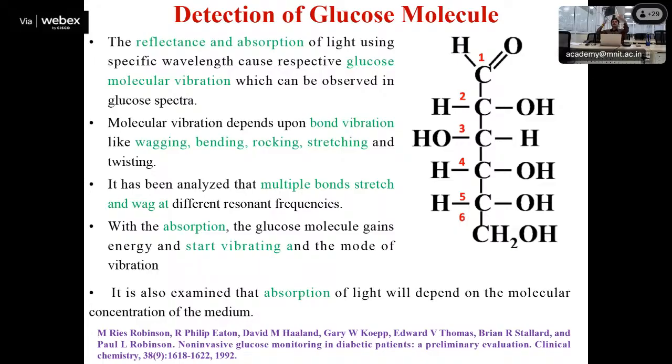So when light is incident onto a particular particle, it could be absorbed, reflected, or scattered. These three phenomena we have considered while trying to measure a glucose value non-invasively.